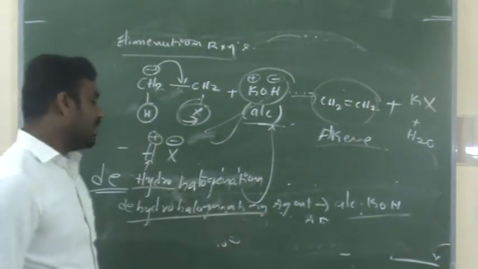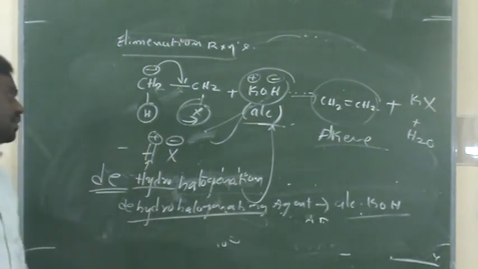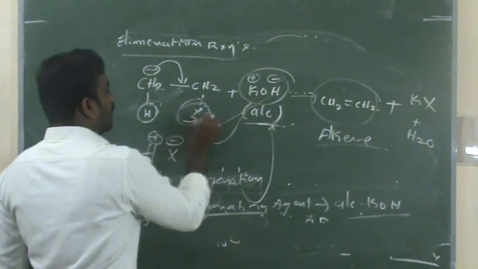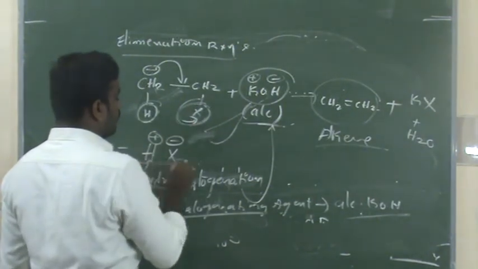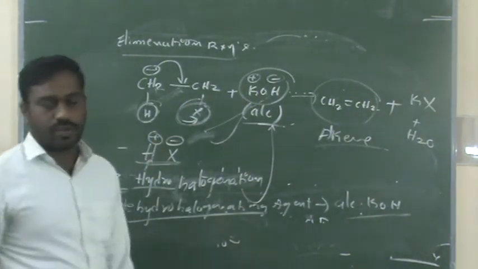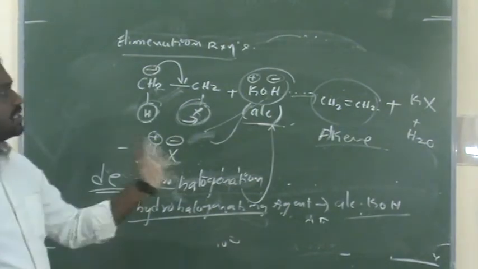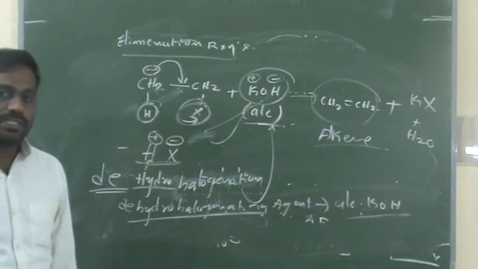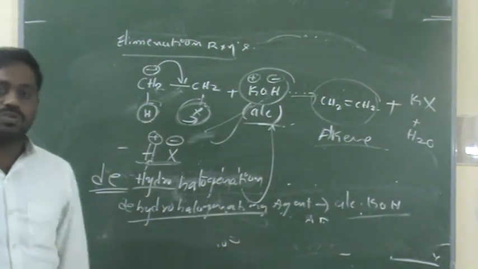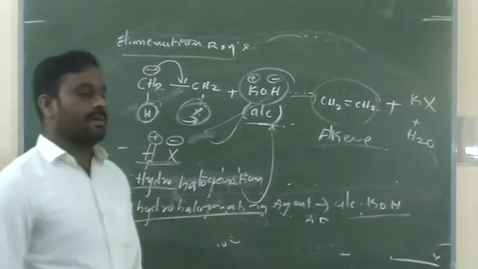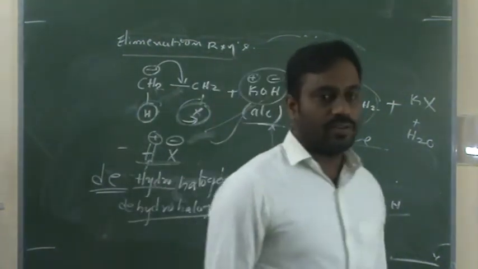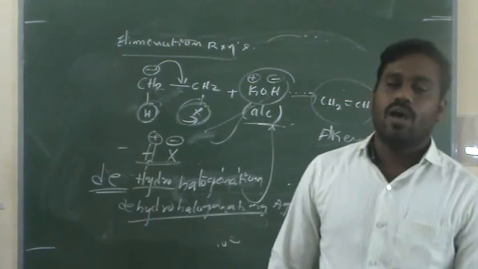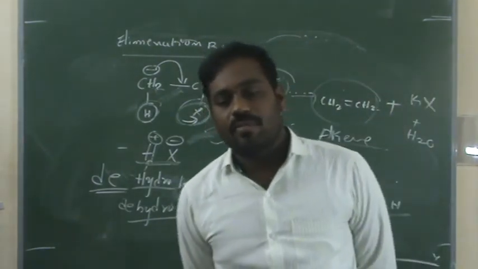Because it is helpful for removing both hydrogen and halogen. That's why it is called the dehydrohalogenating agent. This is a process that occurs in elimination reactions. There are many examples, like Saytzeff elimination, Hofmann elimination, and normal elimination.